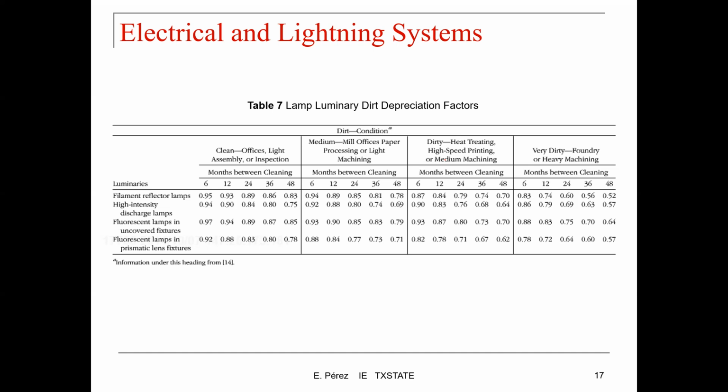Depending on those cleaning intervals, we can determine the dirt depreciation factors. So if you're cleaning your lights every 6 months and you have a high intensity discharge lamp for an office, then this will be your dirt depreciation factor.